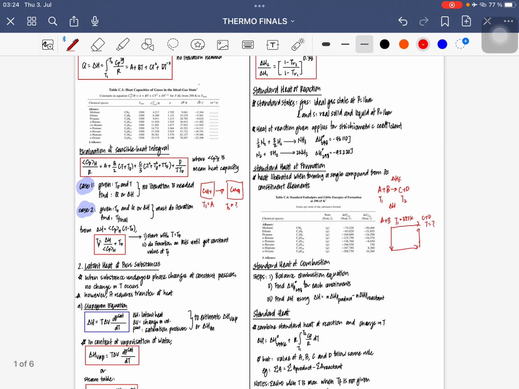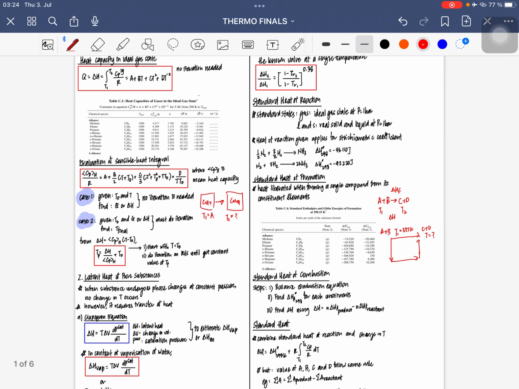When you want to calculate the enthalpy change when there's a change in temperature, you have to assume it as ideal gas, right? And in this table, the ideal gas state, our reference state should be 298K. So if the initial temperature is 373K, you have to bring it down to 298K. But this is still A plus B because we haven't formed any product, we're just changing temperature, right? So this is just going to be your HR, heat of reaction.